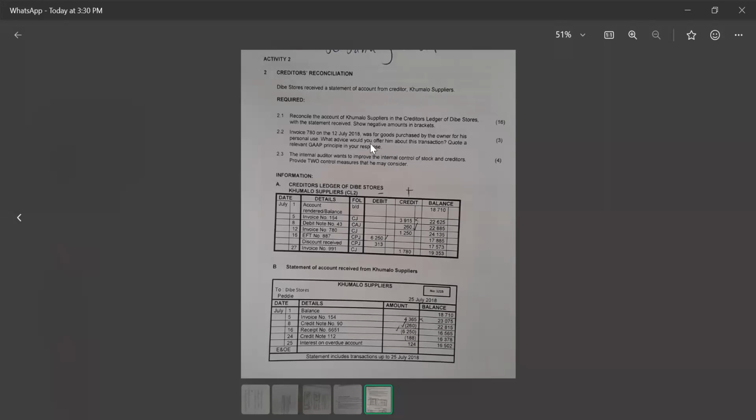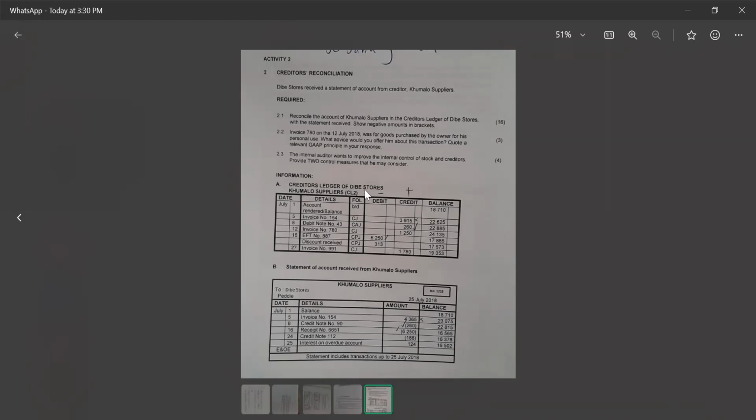So when I go to the information given in the context of activity 2, I'm expecting to see records from the business itself, and also a statement of account coming from Kumalo suppliers, which in this case is the creditor. Now, I want you to understand something.